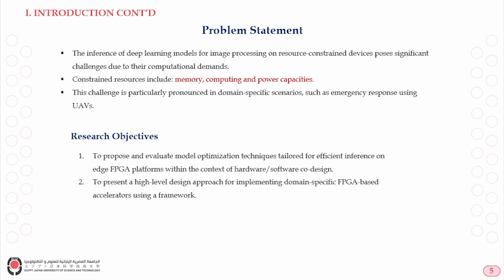So our objective is to propose and evaluate various techniques to streamline these models and optimize them for efficient inference on resource-constrained platforms, in this case, an example being UAVs. Then we present a high-level approach to implementing a domain-specific FPGA-based acceleration using a framework that we will discuss.